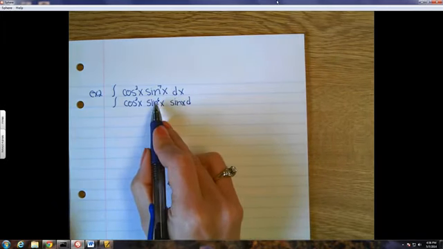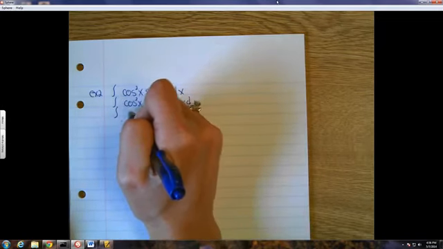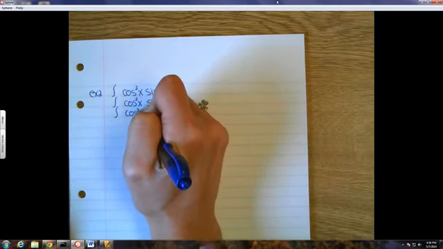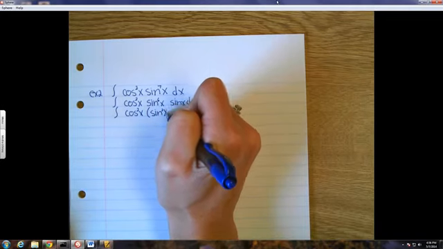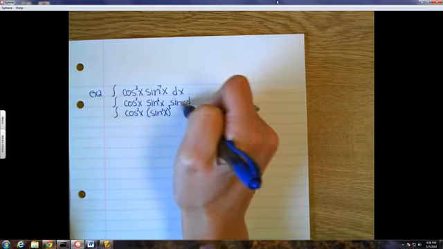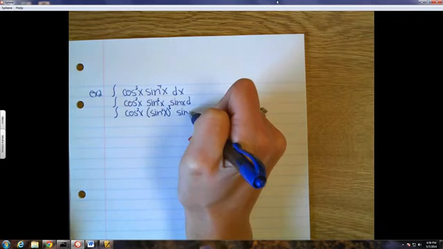This gets rewritten as a power of 2, so I can do a Pythagorean substitution. So this becomes sine squared to the 3rd power again, and then I got my sine x dx.